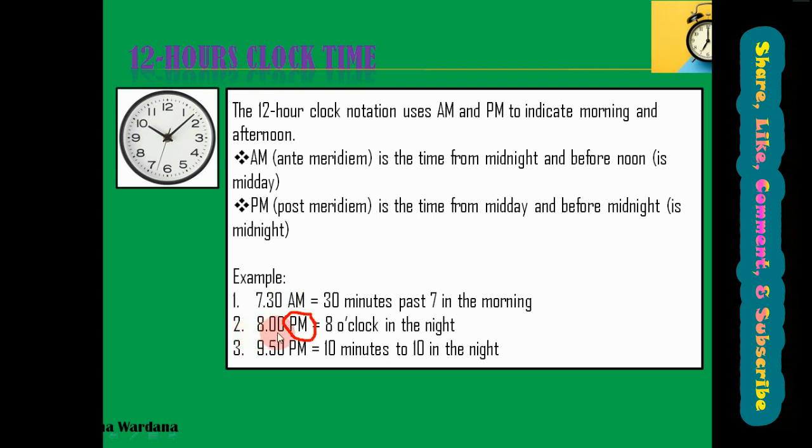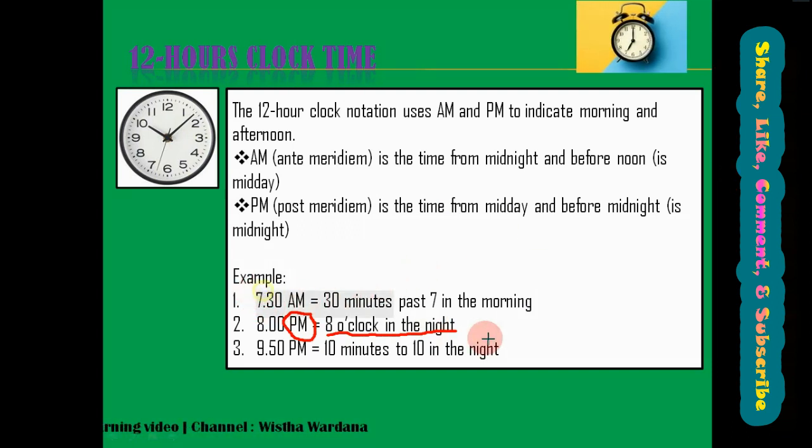So this is not 8 in the morning, but this is 8 o'clock in the night. That's why the meaning of 8:00 PM is 8 o'clock in the night. Do you understand?